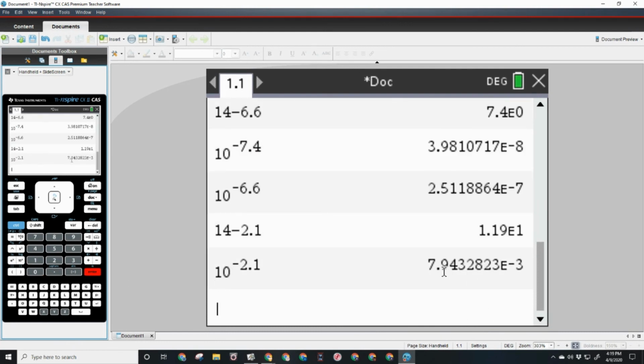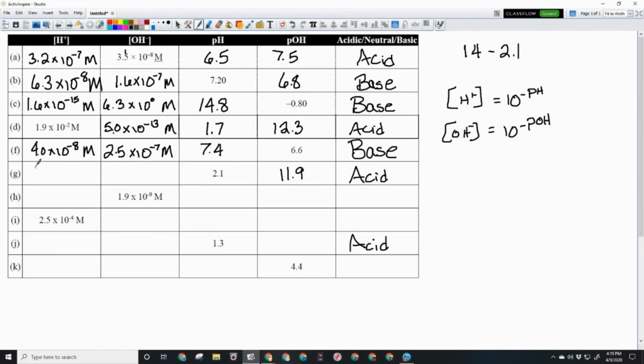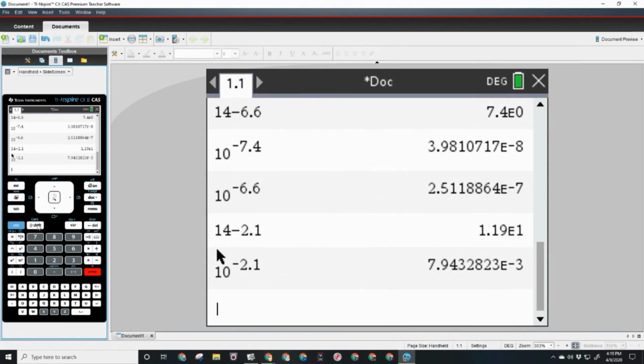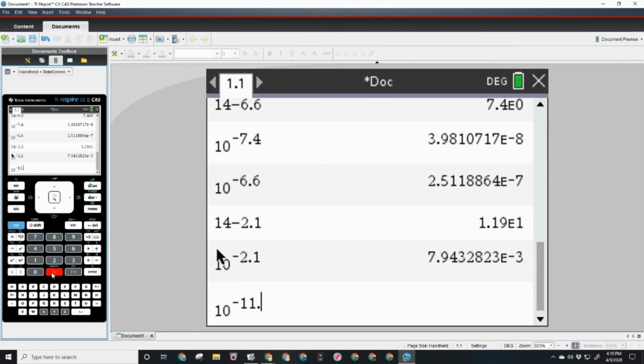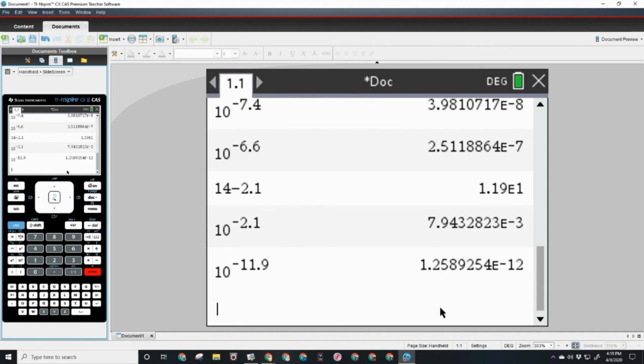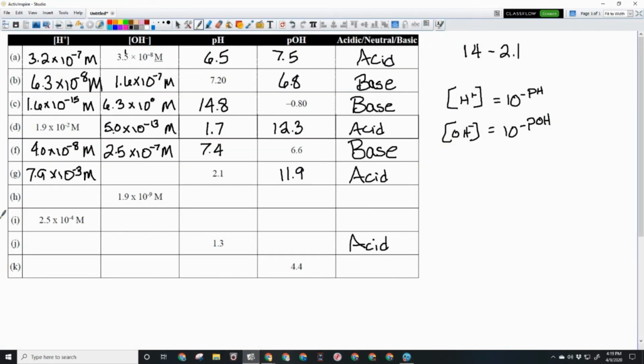That's going to be 7.9 times 10 to the negative 3. And finally, 11.9, 10 to the negative 11.9. So it's going to be 1.3 times 10 to the negative 12.